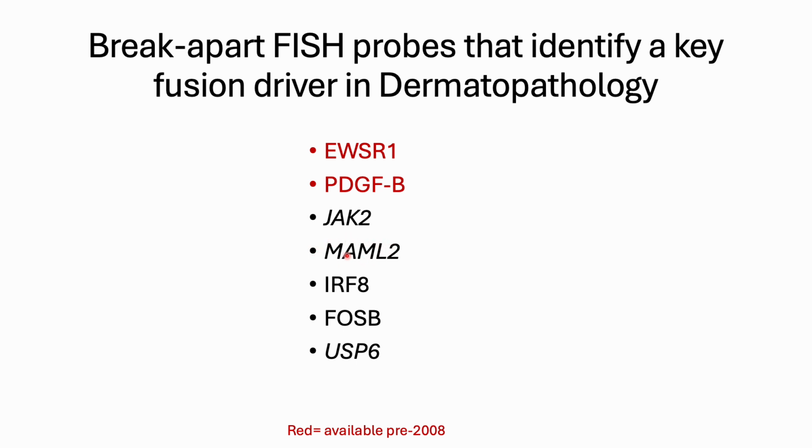MAML2 we can use for hidradenomas and also porocarcinoma. IRF4 we can use for lymphomatoid papulosis and for primary cutaneous CD30 positive large cell lymphoma. FOSB we can use for angiolymphoid hyperplasia with eosinophils and also pseudomyogenic hemangioendothelioma.